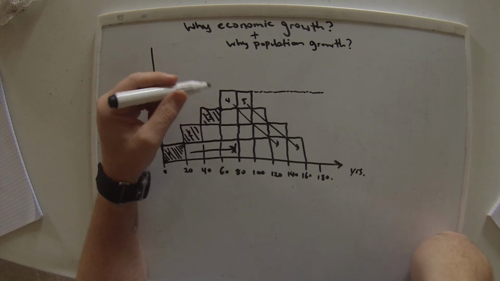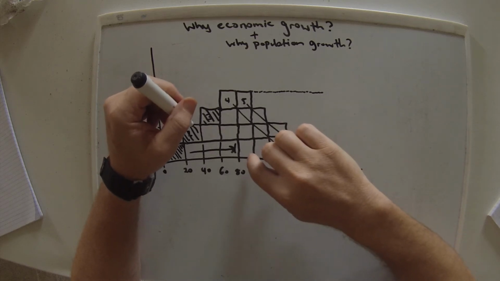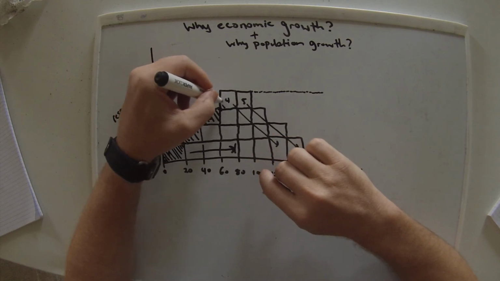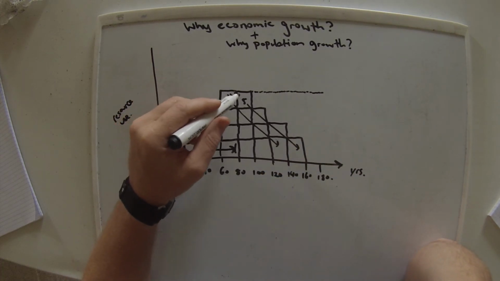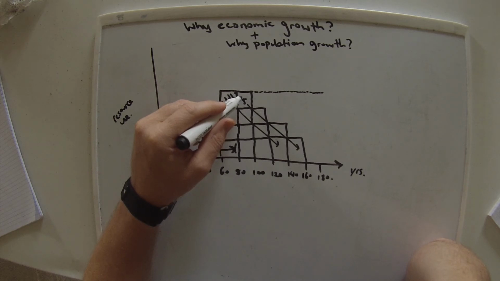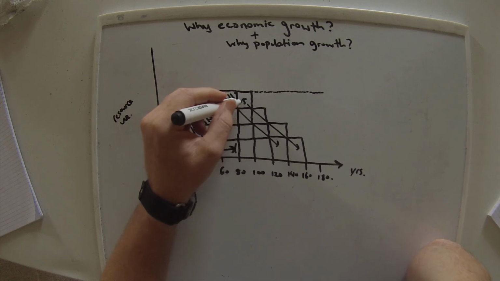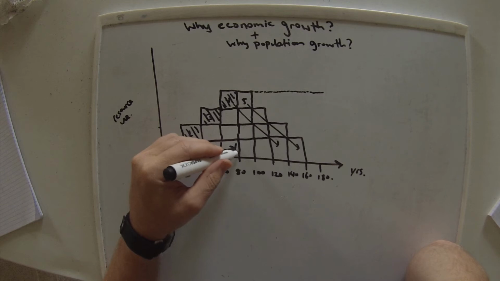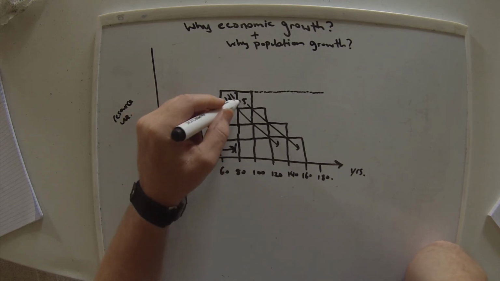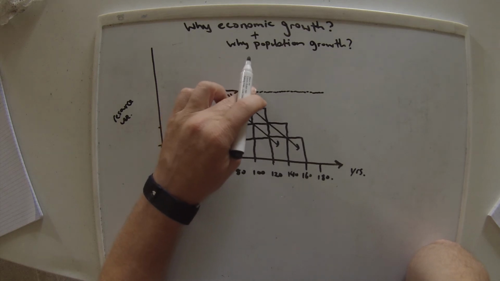Number 4 has to have a house as well. Number 5 though, because houses last longer than 80 years, when number 5 comes along, if this house is still in good nick when this person died at 80, then number 5 doesn't need this first block of resource use, or not as much anyway.